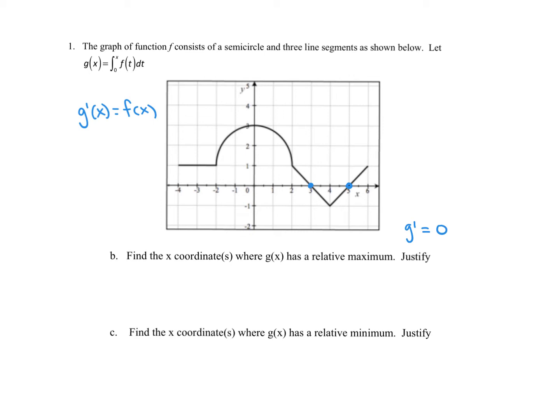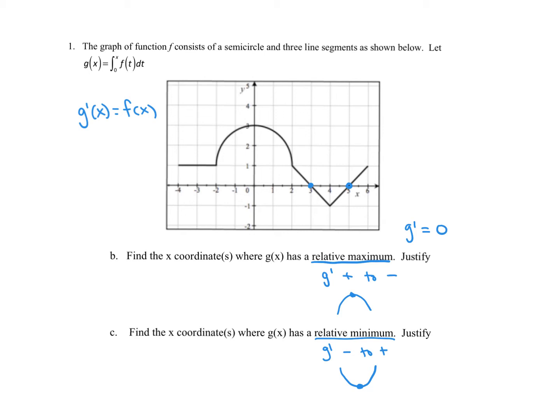And g would have a relative max when g prime goes from positive to negative, because that's where g would increase, then decrease, making a max. And g will have a relative min when g prime goes from negative to positive, because that's where g would decrease, then increase, making a relative min.